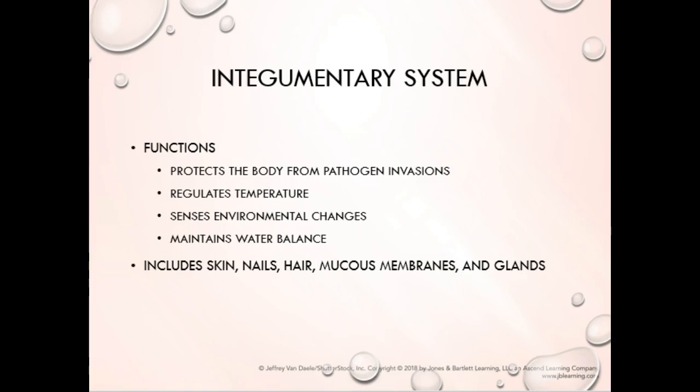It's pretty cool. We have glands in the integumentary system as well: sweat glands, oil glands, mucus glands, some serous glands which secrete a more watery fluid than mucus glands. These all provide good surface protection for our body.